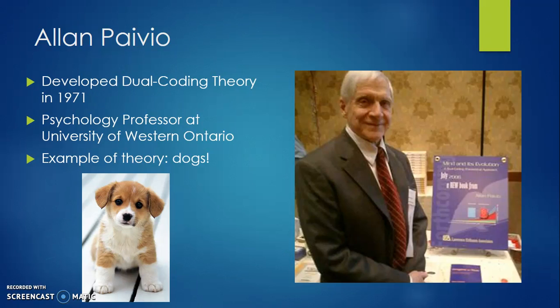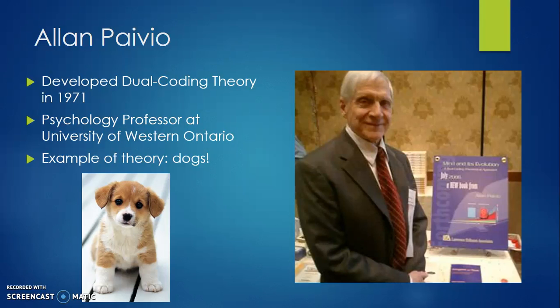So we can say that a person has stored this stimulus concept of a dog, right? When we think of a dog, you'll probably think of one of two different things. You're either going to think of how to spell dog, or you're going to think of a picture of a dog. So those are the two different stimuli that we can create around this concept of a dog.